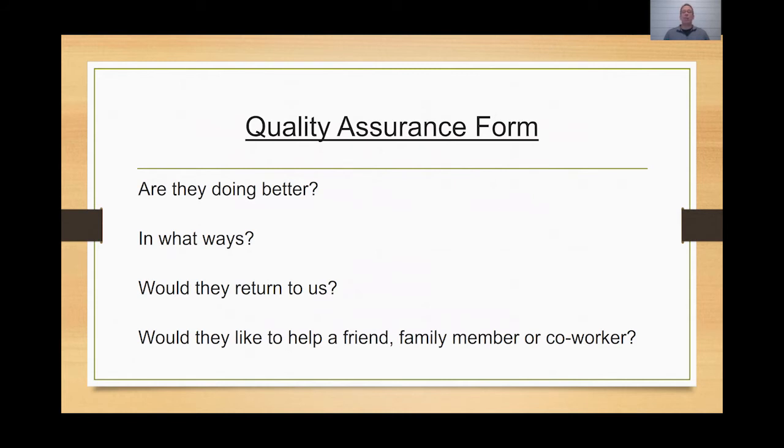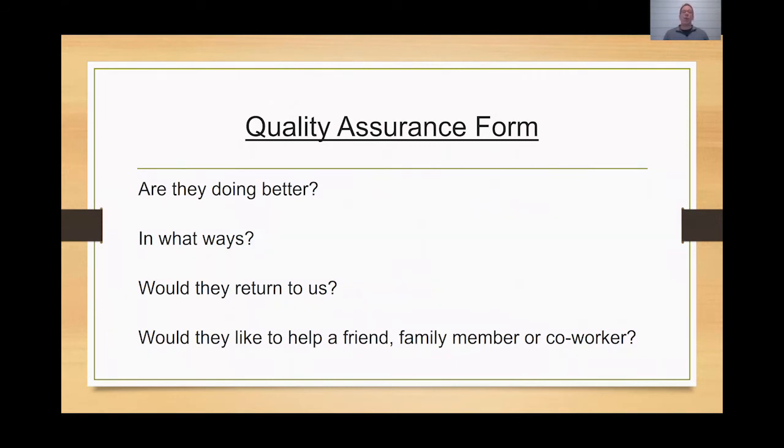You and they are the judge of doing better, because doing better for a 16-year-old female with a mild ankle sprain and doing better for a person with chronic pain for 20 years is going to be different. But are they doing better? A way to ask that is, what percentage are you better since starting physical therapy with us? Is it 10%? Is it 50%?